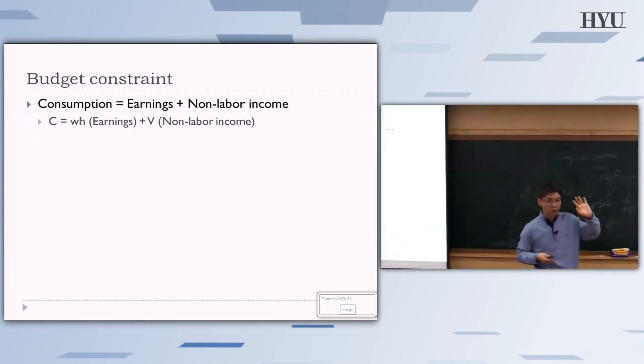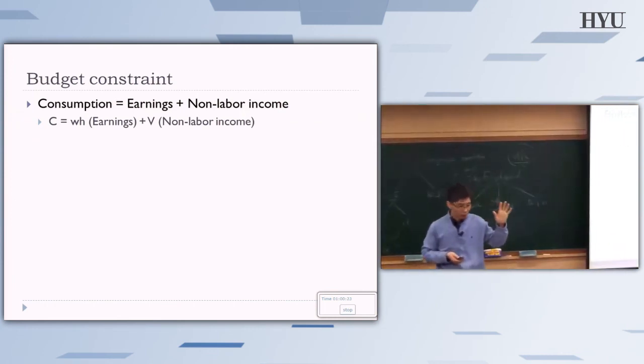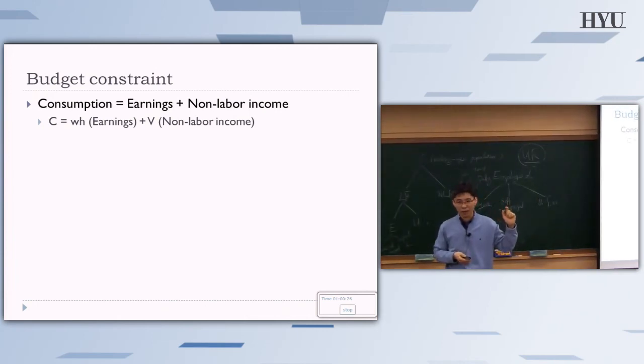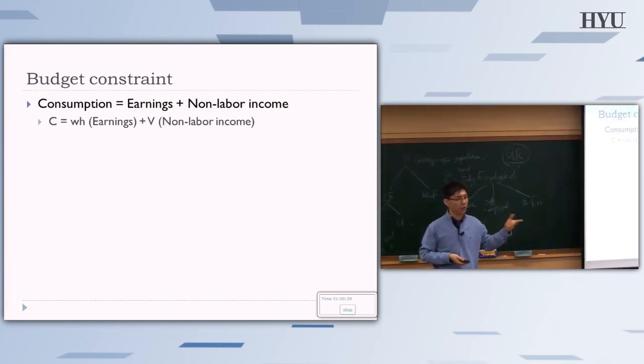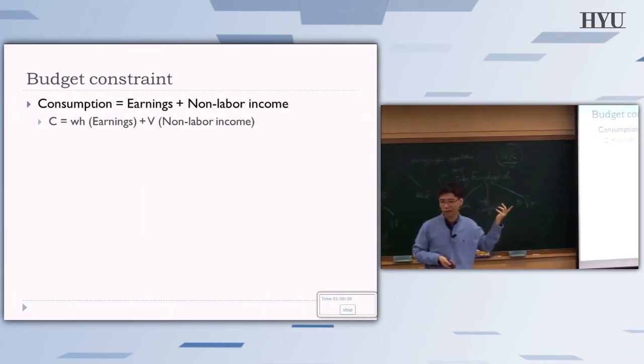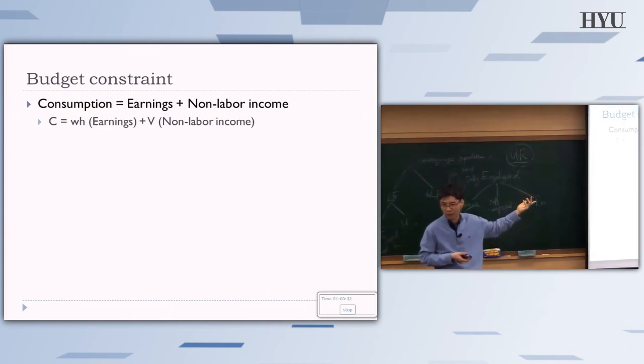This is actually a perfect budget constraint, but there is one little problem: in our utility function we have C and L, but here we don't have L, so we have to get L somehow. How can we do it?